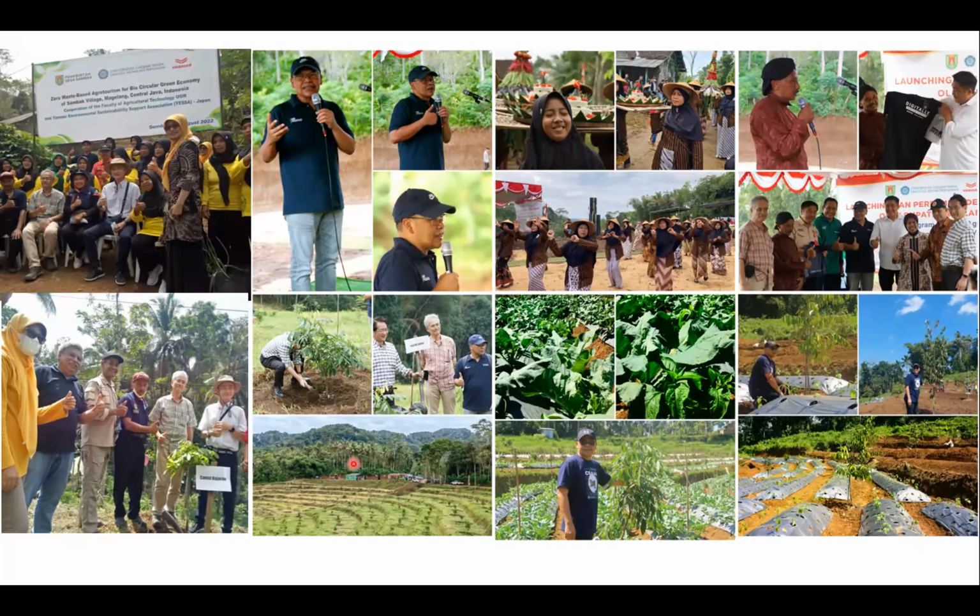So we connect one system to another system. This is the integrated activity that we need. Of course, we have to strengthen smart technology, smart agriculture. But once again, we have to know first the behavior and culture of our farmers.